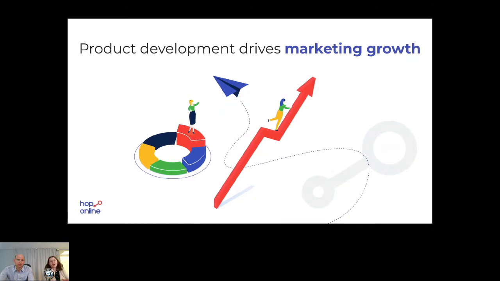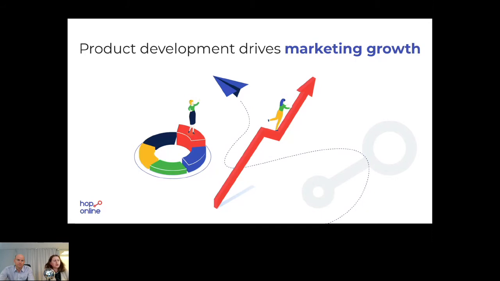So this drives marketing growth. You probably know that marketing teams have very high goals in terms of customer acquisition. So the team works at very high speed, and the product also evolves constantly.